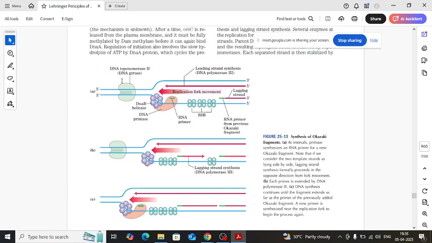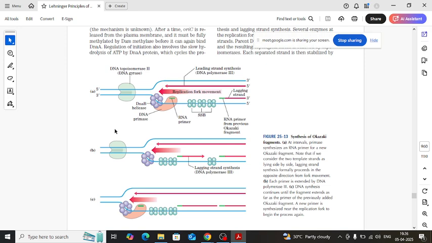It will denature the hydrogen bonds and move towards this direction. Right, that is the direction of the replication fork movement, right? And then DNA helicase will keep going in this direction to denature the hydrogen bonds so that the replication fork can move, right?